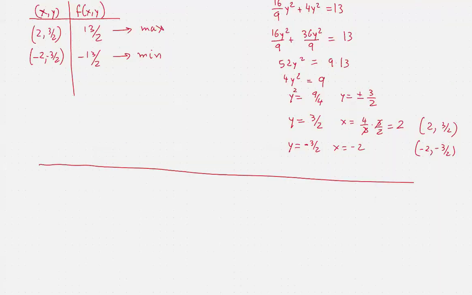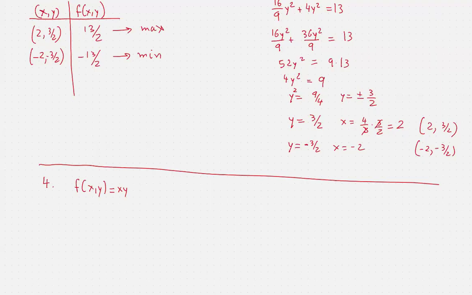Problem number 4 is another problem with the Lagrange multipliers. This time, the objective function is xy, and the ellipse is x squared plus 2y squared is equal to 4.